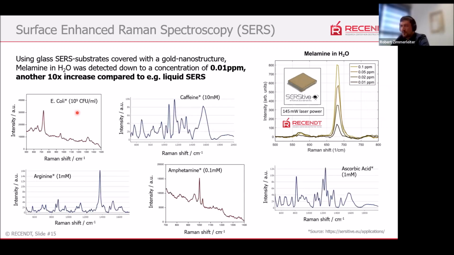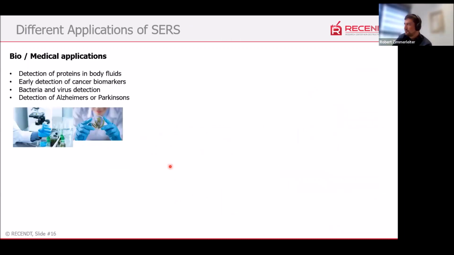So these substrates can also be used to measure many other kinds of molecules. Here, just to show a few examples, would be E. coli bacteria, caffeine, arginine, amphetamine, ascorbic acid. You can see just by looking at all these nice surface-enhanced Raman spectra that they all look different, so they can be clearly distinguished. And using the SERS effect, they can also be measured inside of your sample in very low amounts.